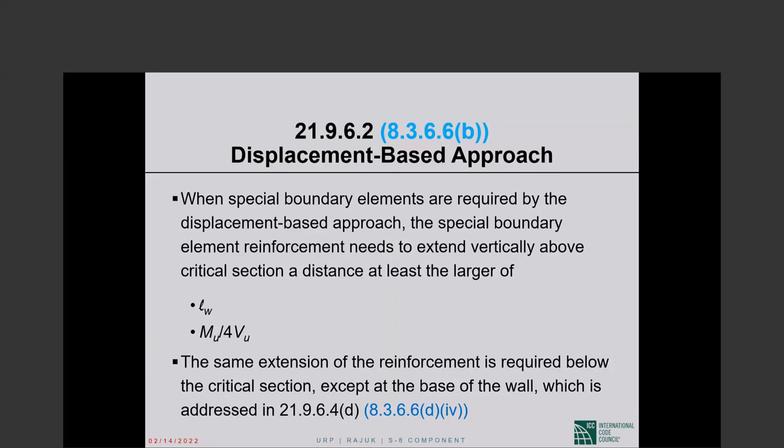So the special confinement shall extend into the supporting member by the same distance, L sub W, or 1/4 M sub U over V sub U. Or if the shear wall sits on a foundation or a footing, you shall go 12 inches into the footing. That is said somewhere else. We will come to that fairly soon.